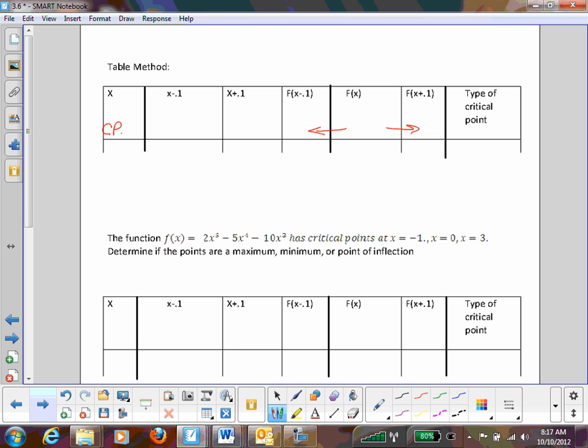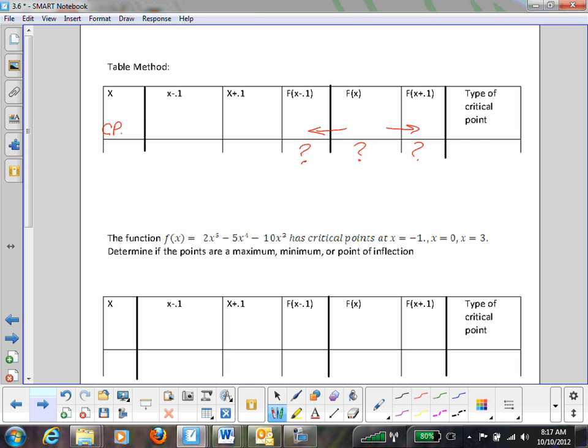As we plug in our critical point and we subtract 0.1 and add 0.1, we're approaching our x value from either side, correct? Kind of what we did yesterday. What is happening to our y values? That's what we're looking at. So we're concerned about what's going on here, here, and here. Are our numbers increasing and then decreasing, or are they decreasing and then increasing?